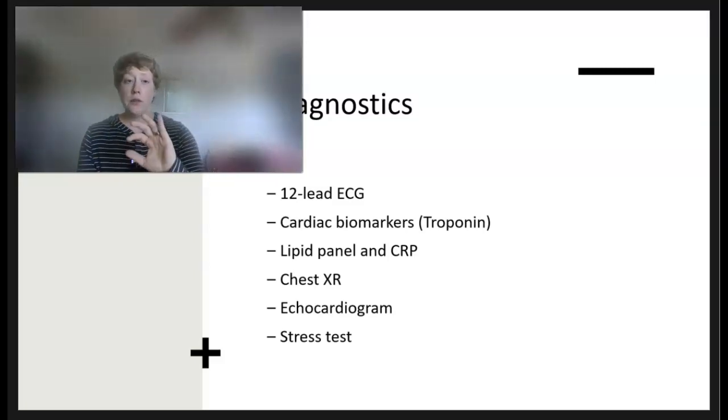And then if all of these tests come back negative for an MI, or a myocardial infarction, then we'll do a stress test echocardiogram. So an echocardiogram is an ultrasound of the heart. A stress test is an ultrasound of the heart once it's been stressed. And so that's also known as a treadmill stress test.